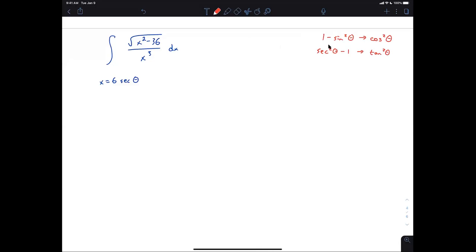And then if it's going to be addition in either order, you want to use tangent. So for subtraction, the order does matter, which means wherever the x is, that's where the trig function is going to be. So here I knew it was going to be secant squared minus 1. And with addition, the order does not matter, and I can do it in either order.